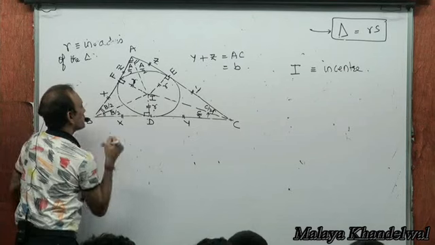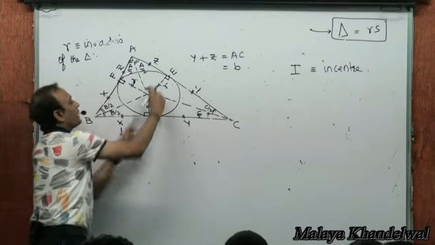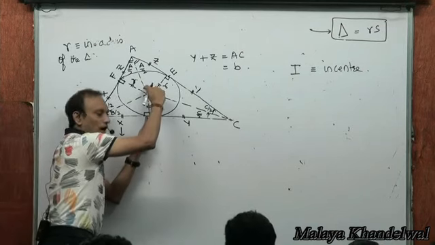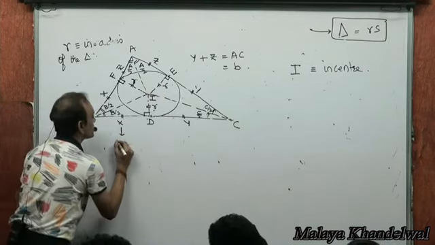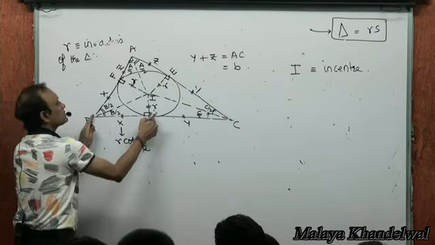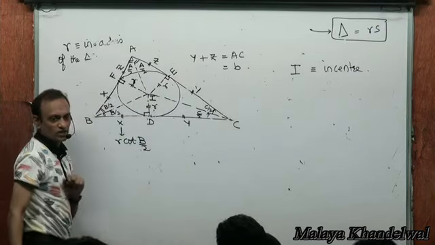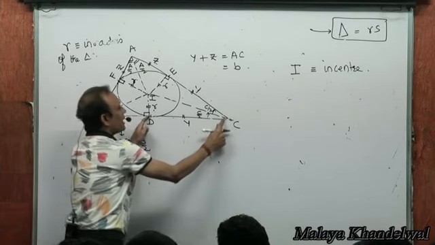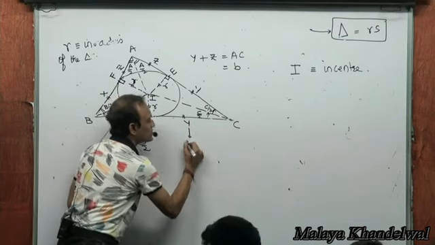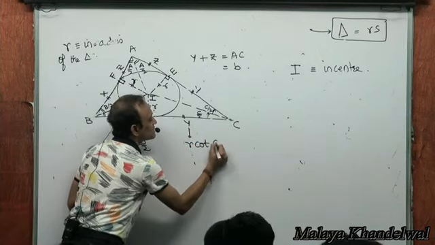Can I say that this x by r is cot B by 2? x by small r is cot B by 2. So x must be small r cot B by 2. Yes or no? Similarly, y divided by small r is cot C by 2, so this y must be small r cot C by 2.